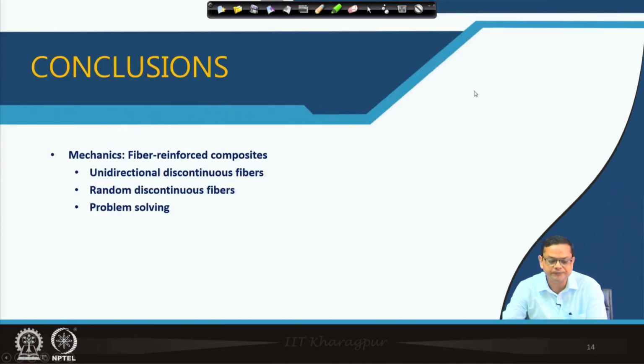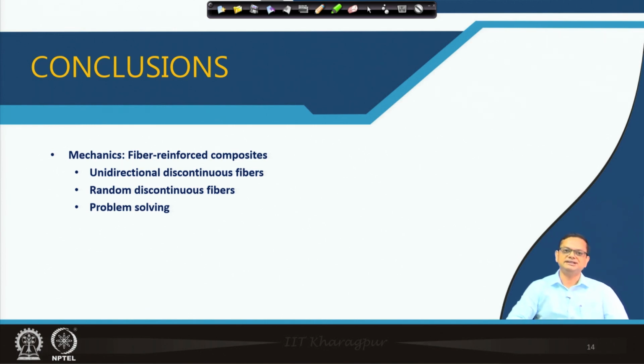So, with this I would like to conclude today's class. In today's class, what we have discussed first are the different equations to calculate certain mechanical properties when we have discontinuous or random distribution of fibers, and then we solved two different problems.